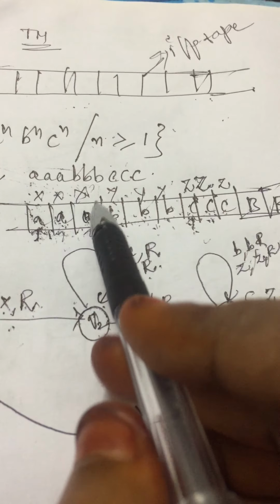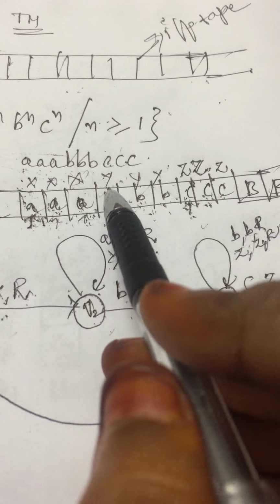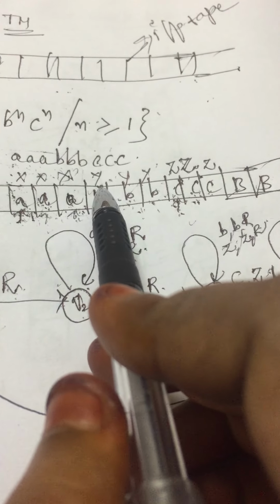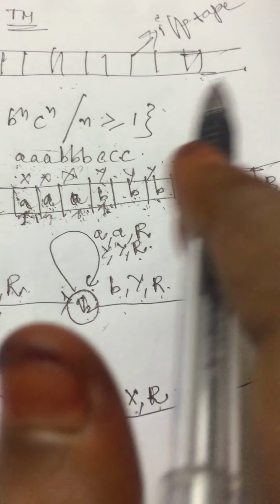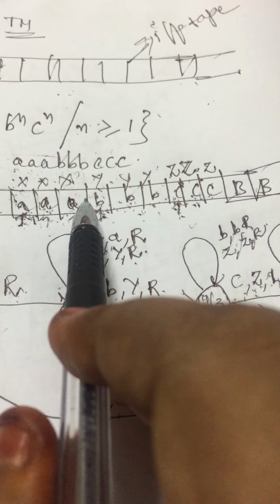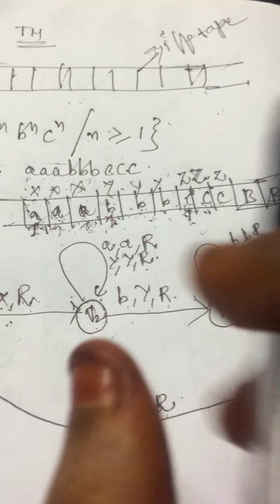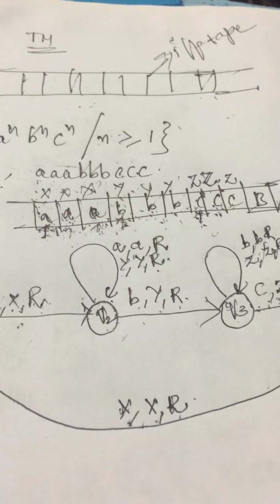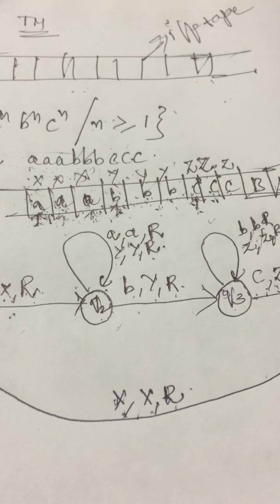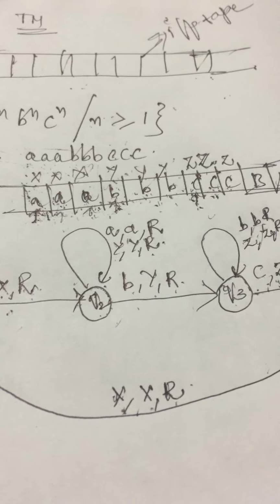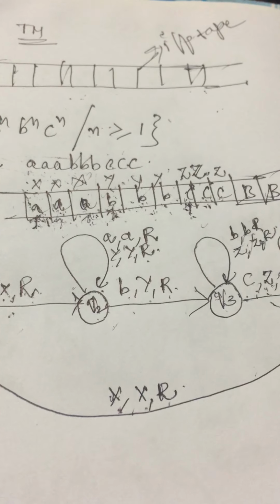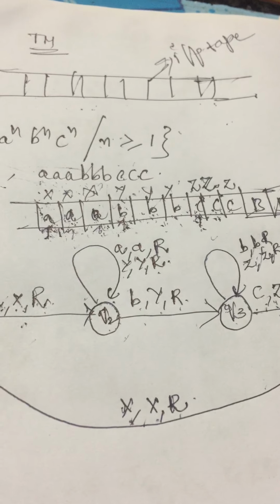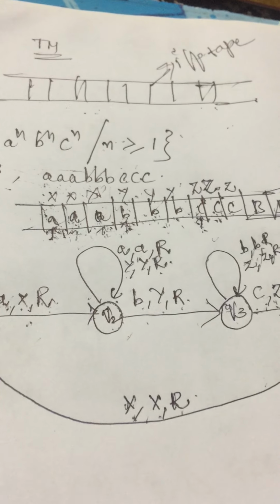Now immediately after the control moves to the right direction here, it finds Y, not B or A. It finds Y instead of A. That means the process has ended, isn't it? When the controller obtains a Y in place of A, it means that the string has been completed.